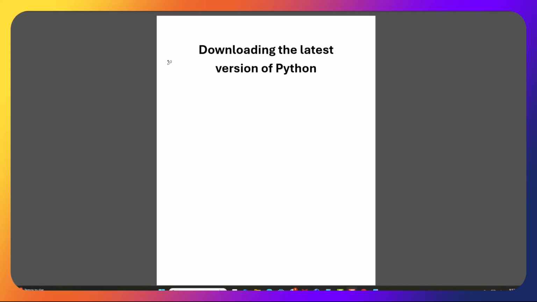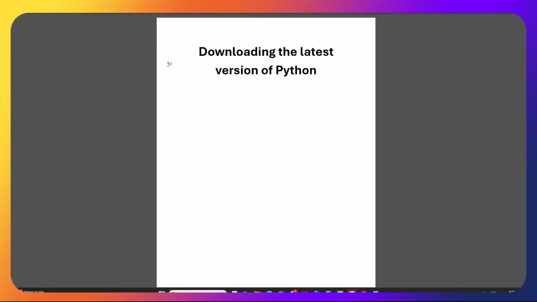In this video, I'm going to show you how to download the latest version of Python. Feel free to go to YouTube and you can search for instructions on how to download the latest version of Python onto your computer. It can be very specific.